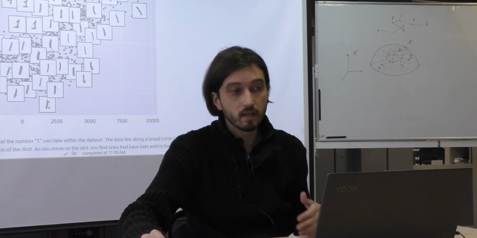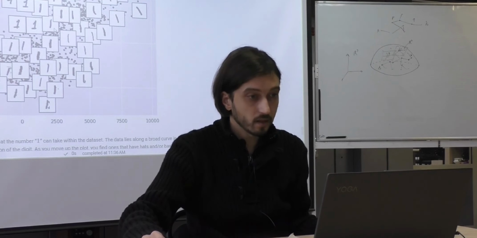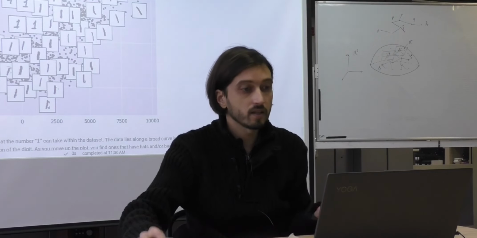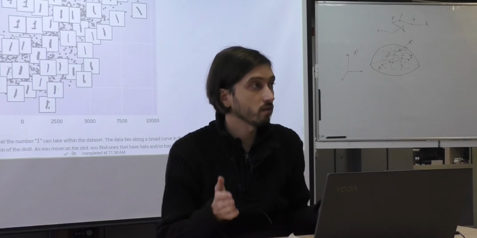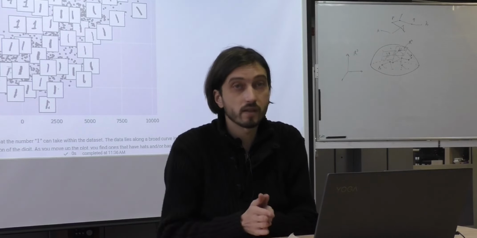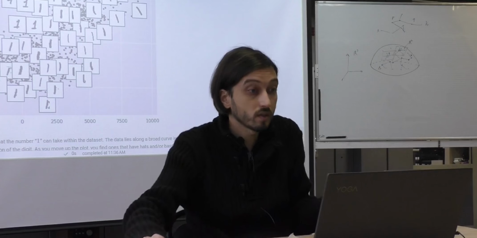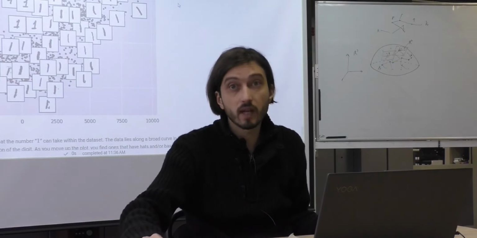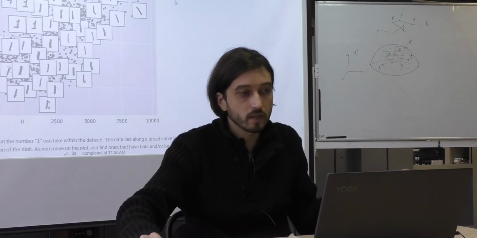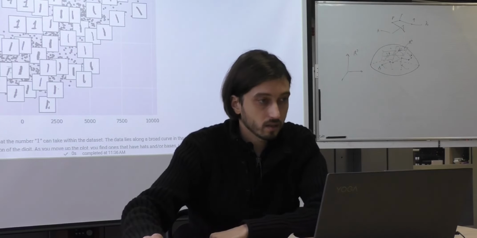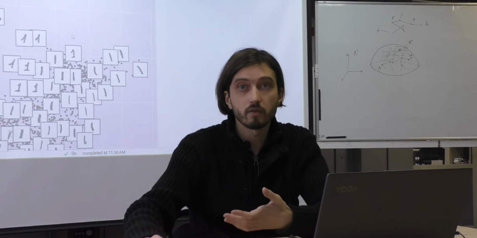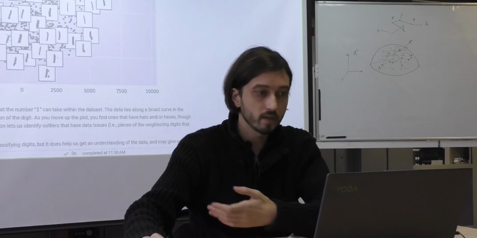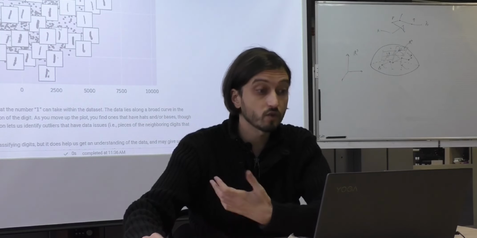And once again, the method does not know anything about what we are feeding into it. It doesn't know that this is number 1 or number 2. It doesn't even know that this is a picture. It could have been anything, some collection of data, some measures of temperature for some period, for example. And it's able to get something out of it. So we see that in a higher dimension there exists some structure in these points, and we can somehow extract it.